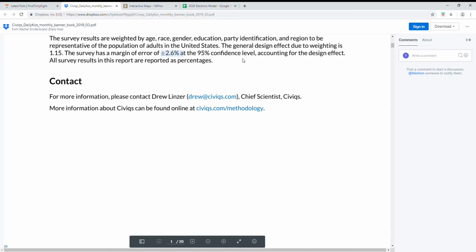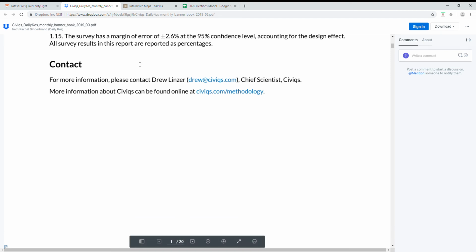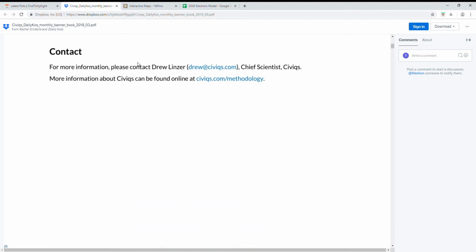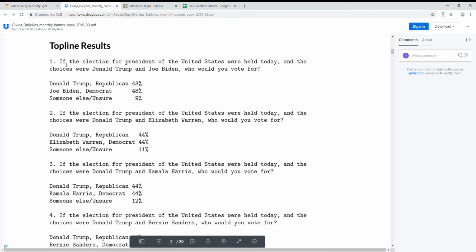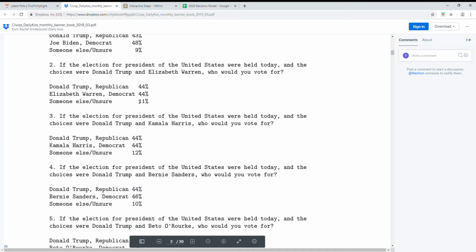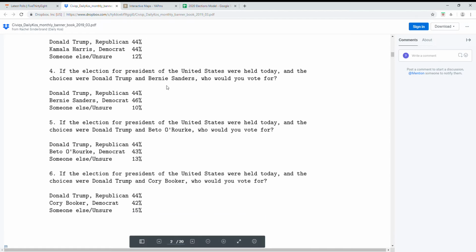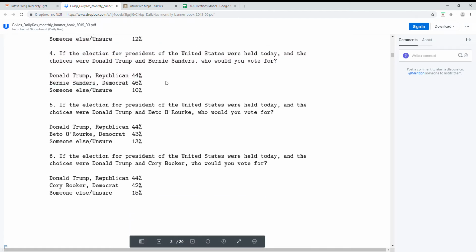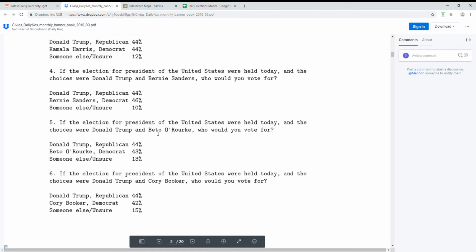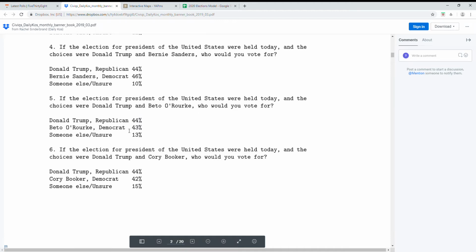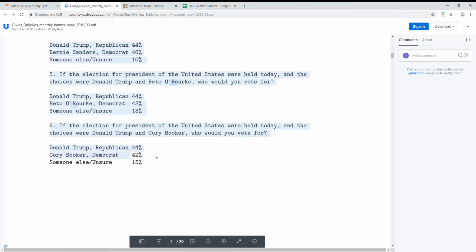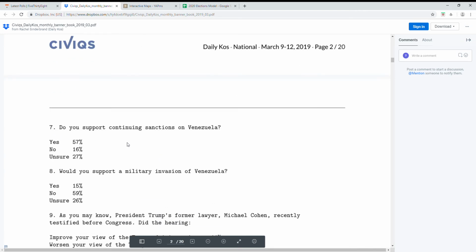Margin of error is 2.6%, 95% confidence level. Okay, so obviously, the top line results highlight Biden is a stronger candidate. Sanders is a little bit above the weaker candidates, and apparently O'Rourke is one of the very weaker ones, and Booker is pretty weak.